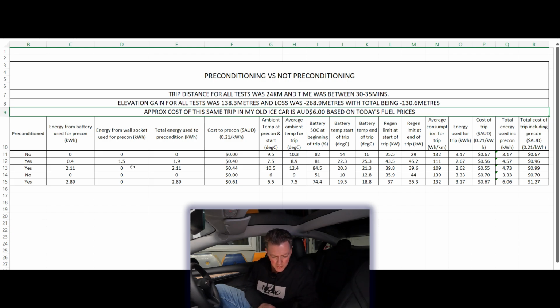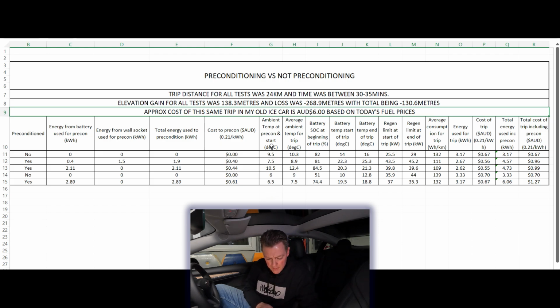But these tests were all done outside in ambient temperatures. So I've got the total energy used for preconditioning, and that's just a sum of these two columns. So we've got the total energy used, and we've put a cost to that, times by 21 cents per kilowatt hour, which is what I pay for my electricity at home coming off the grid.